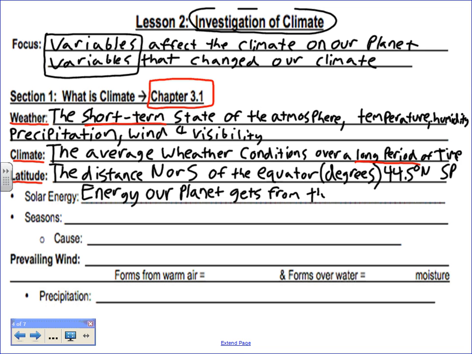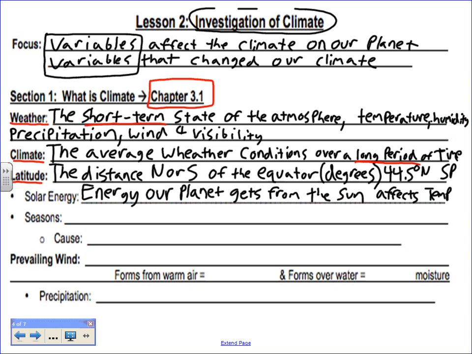And the amount of solar energy affects the temperature. So depending on your latitude is going to depend on how much solar energy you get from the sun. Usually, the higher the latitude, the less amount of solar energy you're going to get.